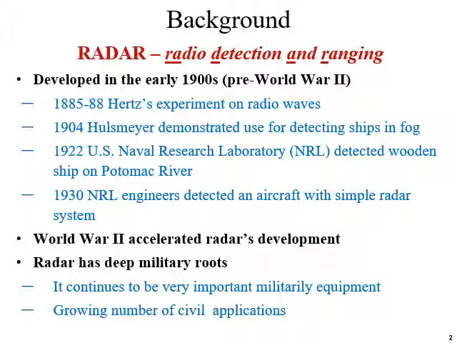Now let us try to understand the history of this radar system. We can divide this history into two parts. One is pre-World War II and another is post-World War II. First, consider Hertz's famous experiment.